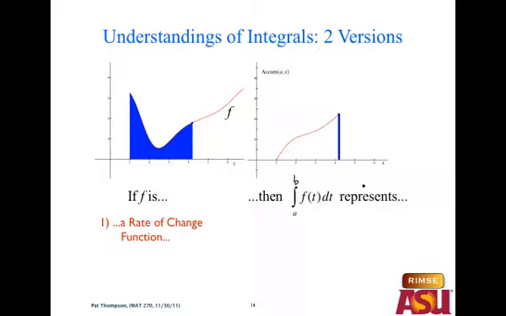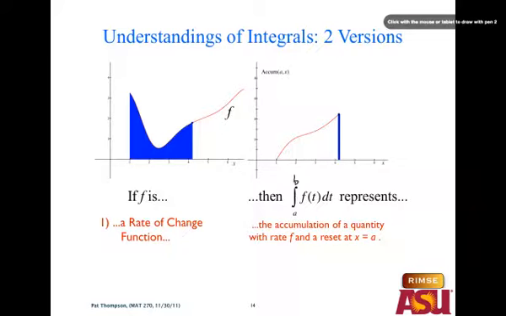If we think of f as a rate function, it's the accumulation from a to b at the rate f of t. So the accumulation of the quantity with rate f as x goes from a to b.